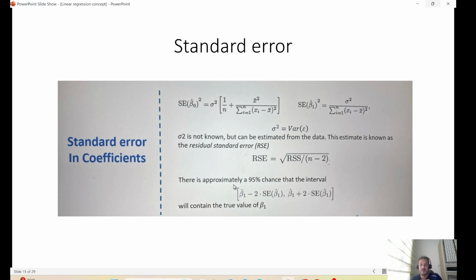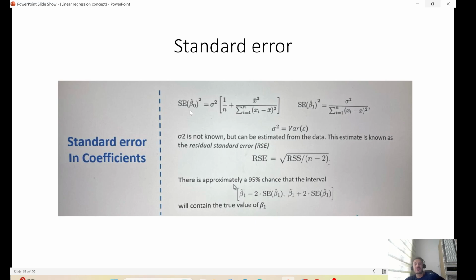You reached the point where beta 0 and beta 1 cannot change, and that means this is the best, or the perfect, beta 1 and beta 0 that fit your model. Cannot change, so you cannot do any more changing on that. This is your best one. And there is approximately a 95% chance that the true interval, and this is the interval, will contain the true value of B1.